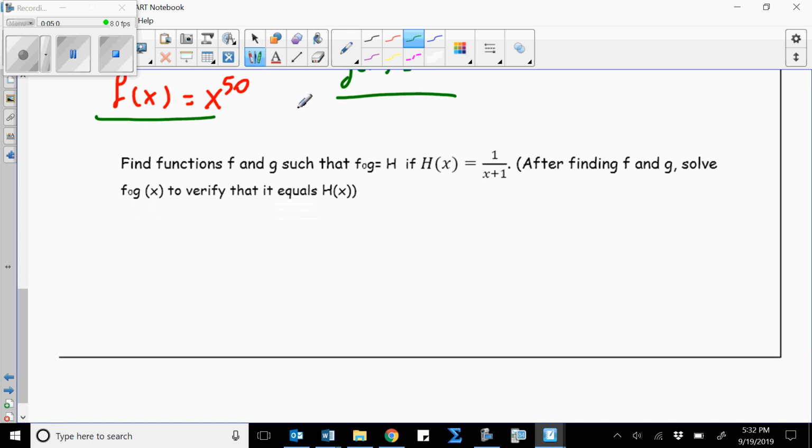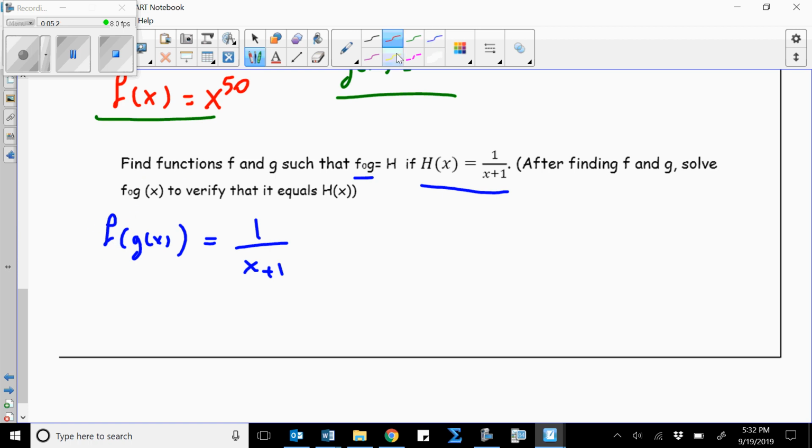The next example, we have h of x equal to 1 over x plus 1. And this is a composite function of f of g of x. Now we want to find this g of x and f of x.